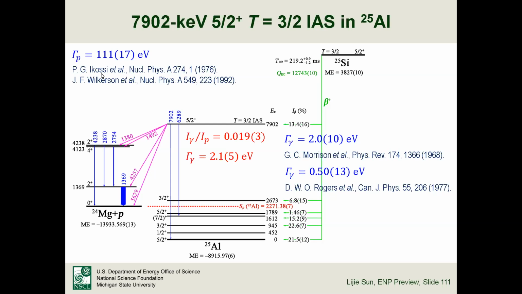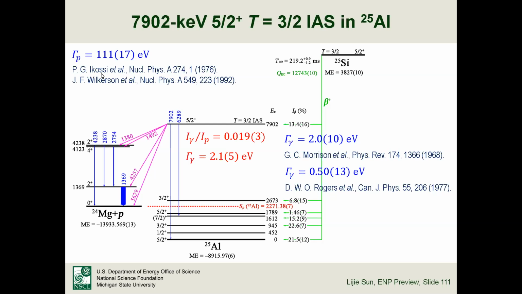This is in agreement with the results reported by Morrison and more precise, but deviates from the Rogers results by a factor of 4.